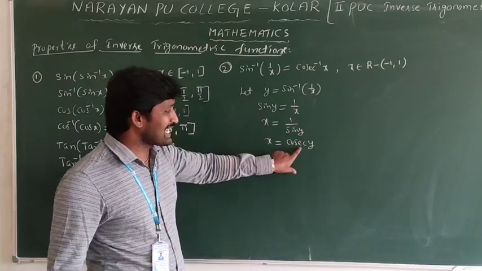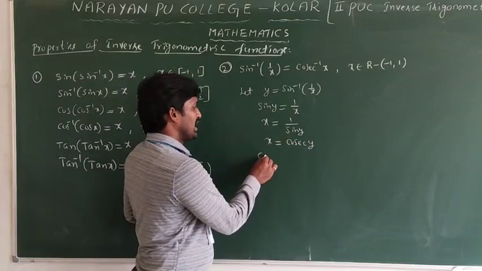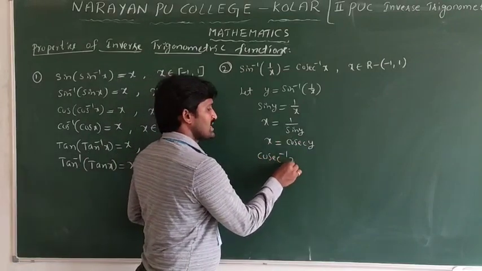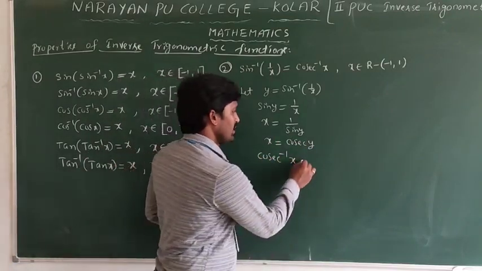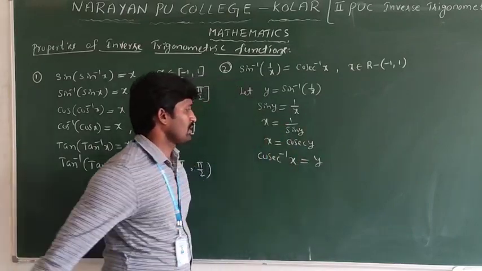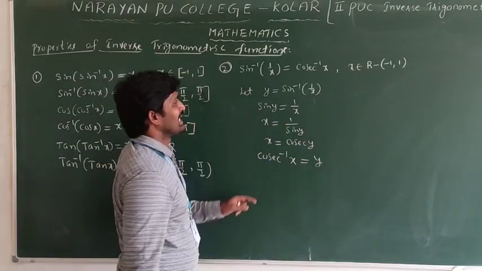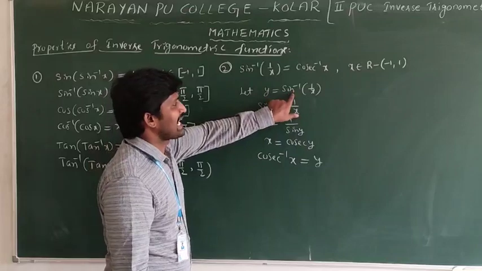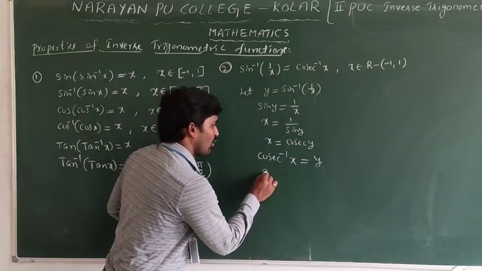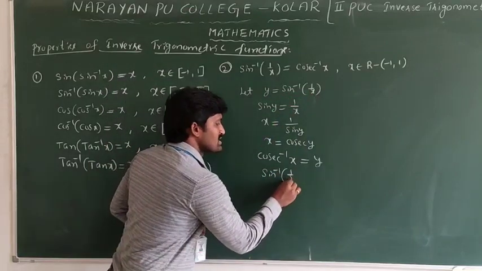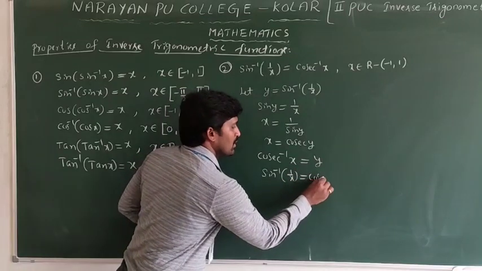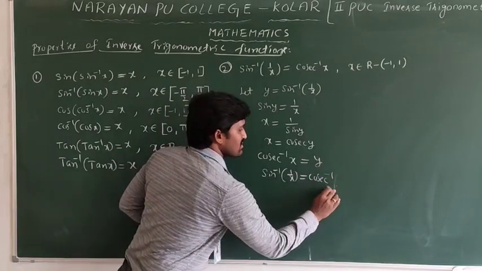Now take this cosecant to the left side, it becomes cosecant inverse x equal to y. Now what does y mean? Sine inverse of 1 by x. So finally, sine inverse of 1 by x is equal to cosecant inverse of x.